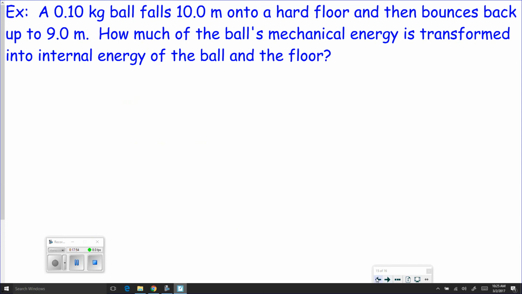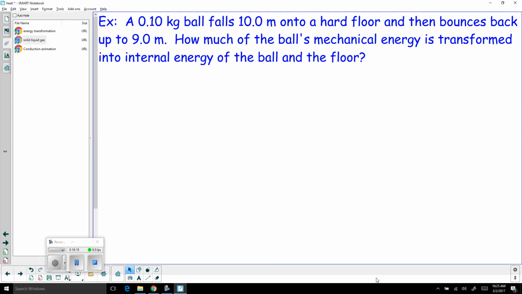Here is an example problem using that equation. A 0.10 kilogram ball falls 10 meters onto a hard floor and then bounces back up to 9 meters. How much of the ball's mechanical energy is transformed into internal energy of the ball to the floor? I'm going to draw a diagram of this scenario.